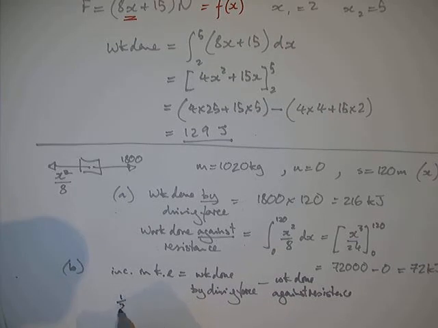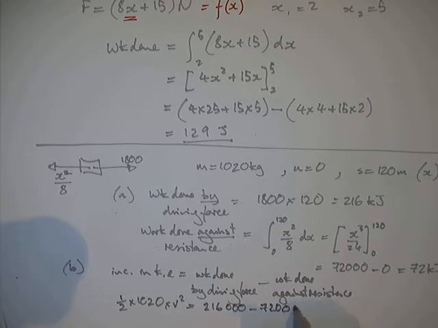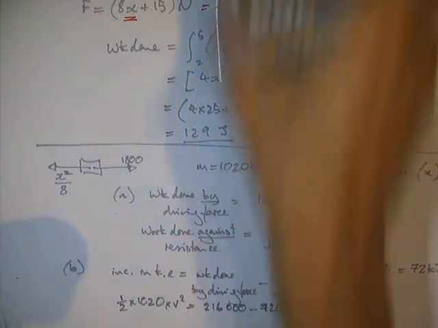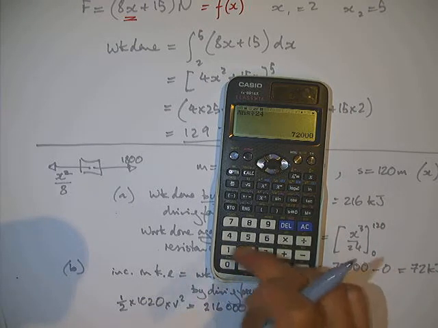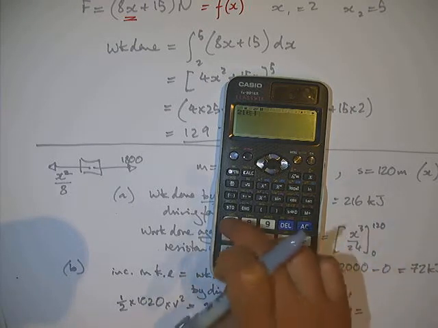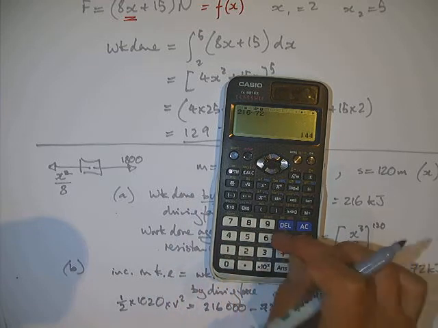Half mv squared is 216,000 take 72,000, which is going to give us v. So we've got 216 take 72 times 1,000.